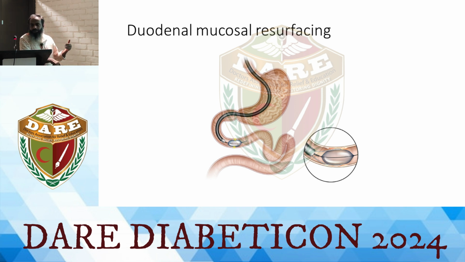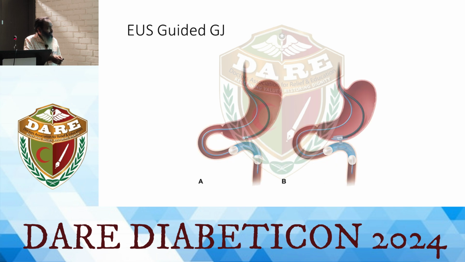There have been case reports as well as small studies which show that duodenal mucosal resurfacing will work both in diabetics as well as in people with fatty liver disease. In the same way, through endoscopic ultrasound guidance, we can directly puncture into the jejunum and create a gastrojejunostomy, as was done by the surgeons through a minimally invasive approach, and it also helps in these people, and studies are going on even in these things.